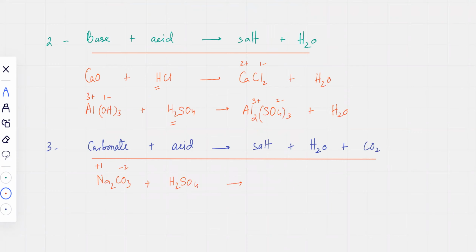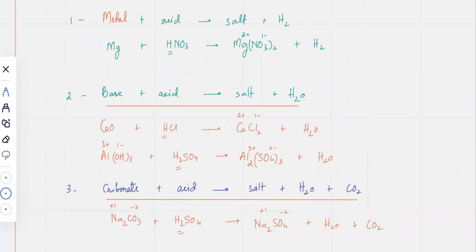So the salt would be, instead of the H, there's going to be Na. Na is +1, SO4 is -2, so it's going to be Na2SO4, plus water, and carbon dioxide is going to be produced.